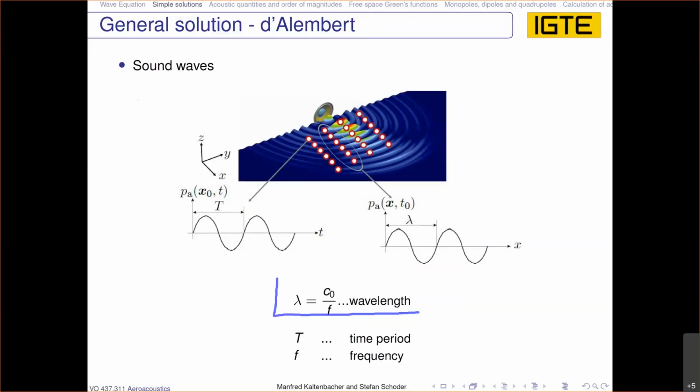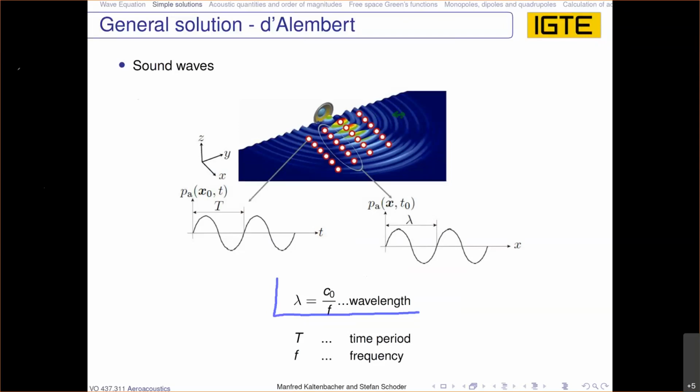The blue color is perhaps not the correct one here, I want to have green. Then between these two mountains, let's say, you know, this is exactly the wavelength.